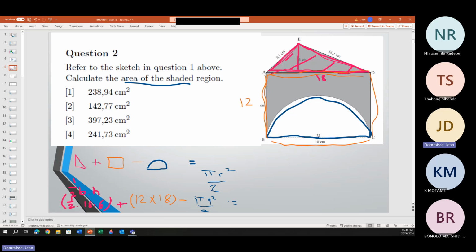So 0.5 times 18 times 6 is 54 for the triangle.